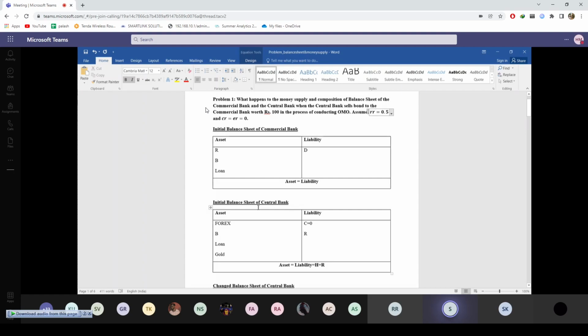Initial balance sheet of the central bank: liabilities are currency in circulation, which is obviously going to be 0 because I have assumed CR equals 0, and reserves. On the asset side, we have foreign exchange reserves, bonds represented by B, loans, and gold reserves. So that's the initial balance sheet of the commercial bank and the central bank. Everybody should draw it. Then we will proceed.